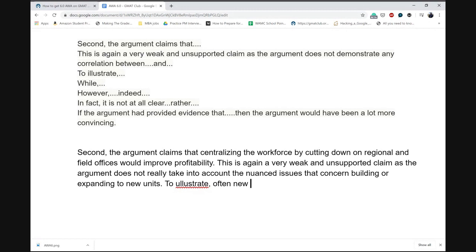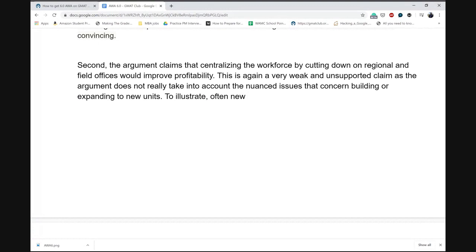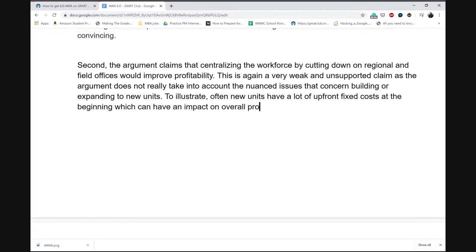often new units have a lot of upfront fixed costs at the beginning, which can have an impact on overall profitability. But after some time, the revenues greatly offset the cost.